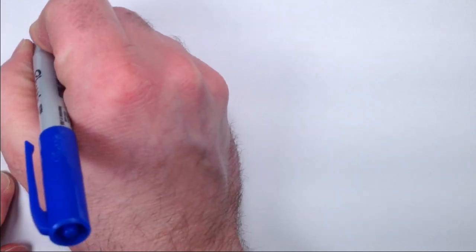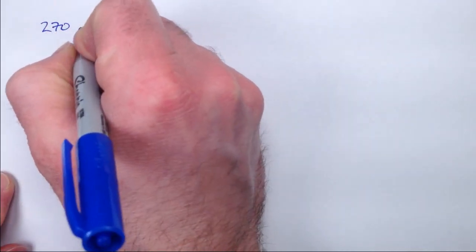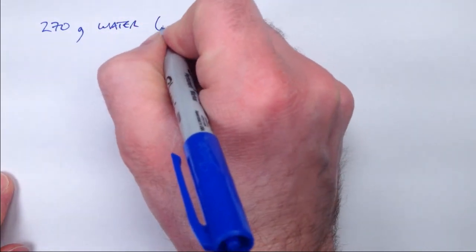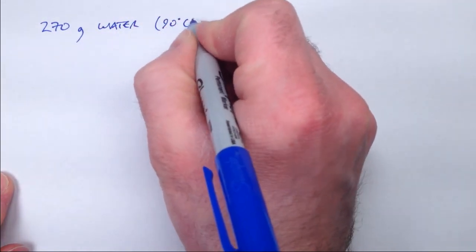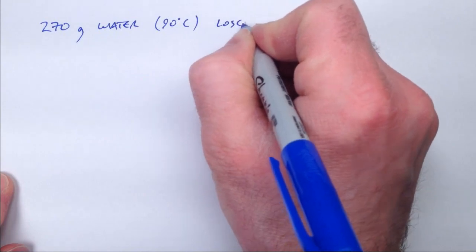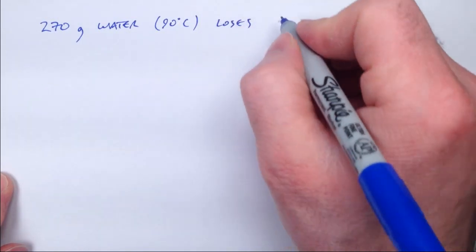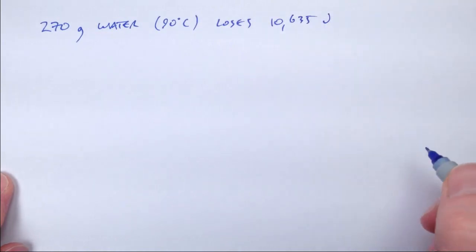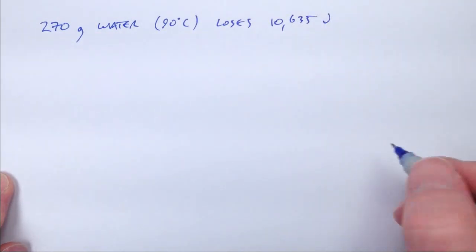Boy, I miss a whiteboard right about now. Okay, so we've got 270 grams of water at 90 degrees C. Loses 10,635 joules. What's the new temperature?